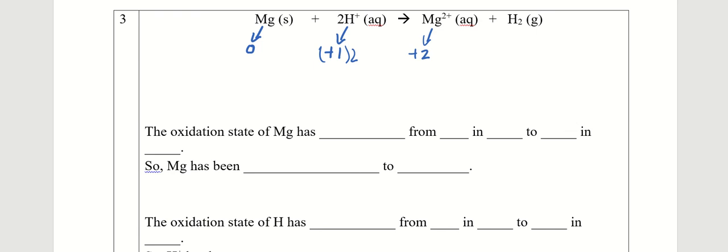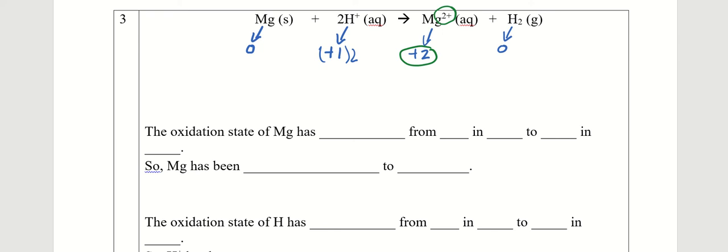And now we come to hydrogen gas. We see that hydrogen gas here, H2, is in its elemental form, which means the oxidation state of the element would be 0. Now, before I continue, I want to emphasize again that when we write charge, we write the charge as 2 plus, but when we write oxidation state, we write it as +2.